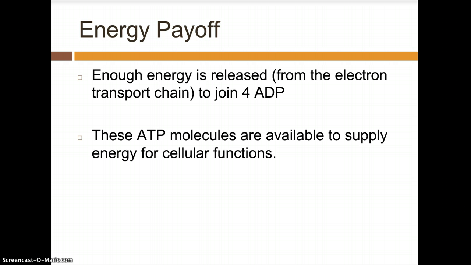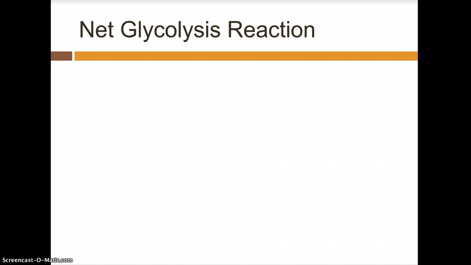These ATP molecules are then available to supply energy for cellular functions, which is super important. As we mentioned, they can be for cellular transport, any sort of basic cell function, turning reactions on or off, bioluminescence, motion, anything like that.